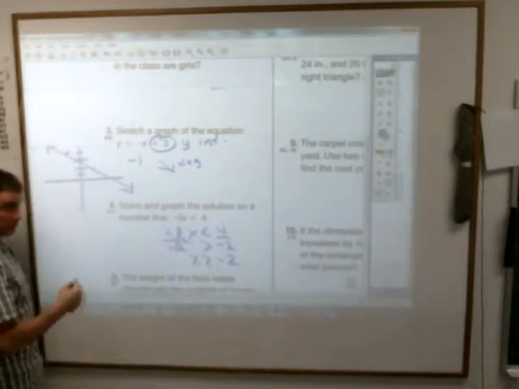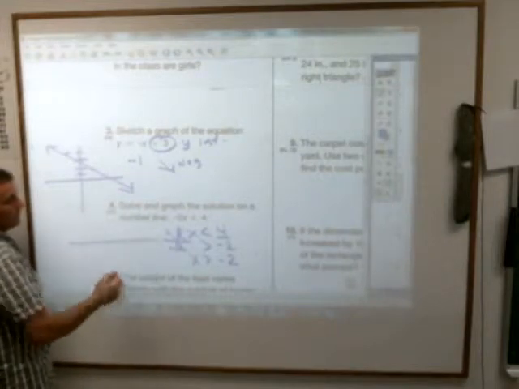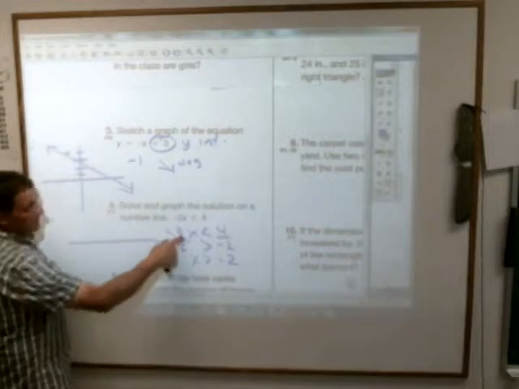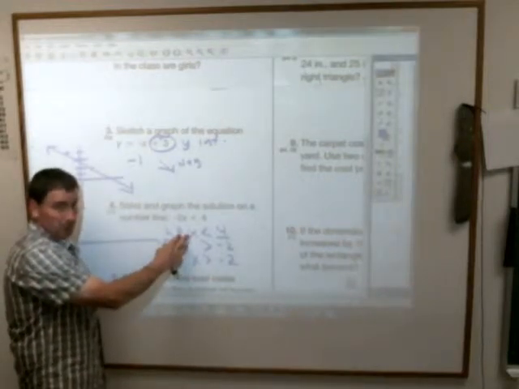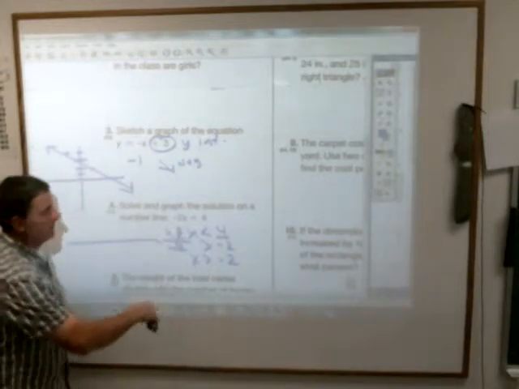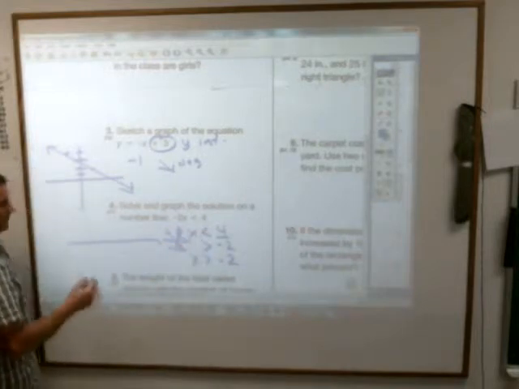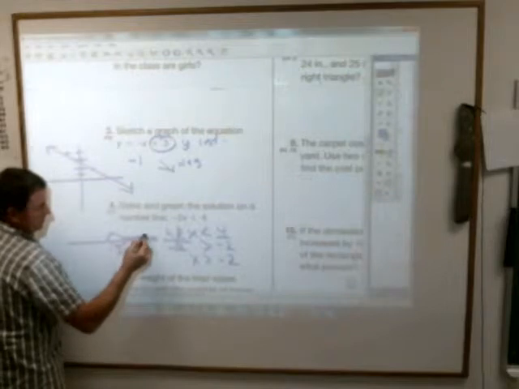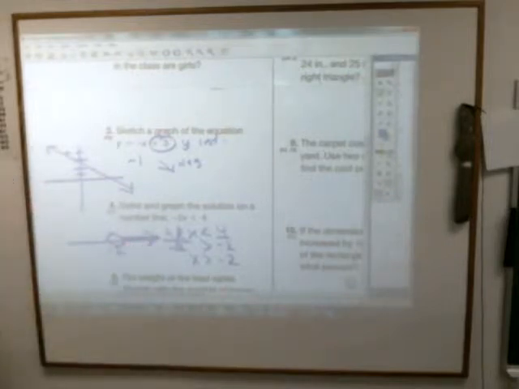And again, that would be the note to myself. How many of you had it as less than? Okay, note to self. Now, if it's not negative, you don't have to change it. But if it is negative on tomorrow's test, that sign is going to flip around to its opposite. And at -2, there's an open circle, and it goes this way. It's just like solving an equation.